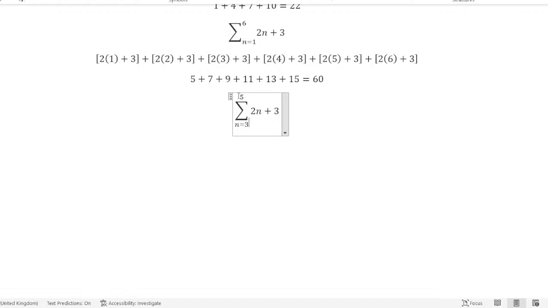Thirty seconds remaining. Fifteen seconds remaining.